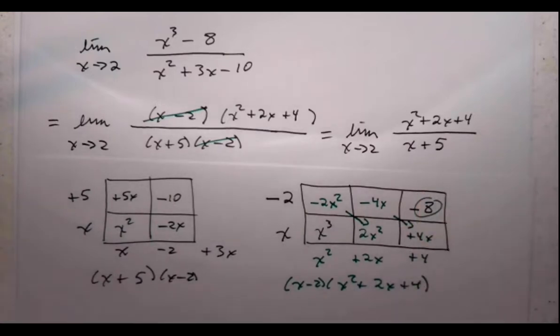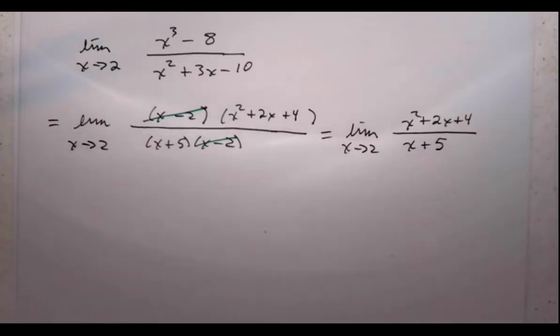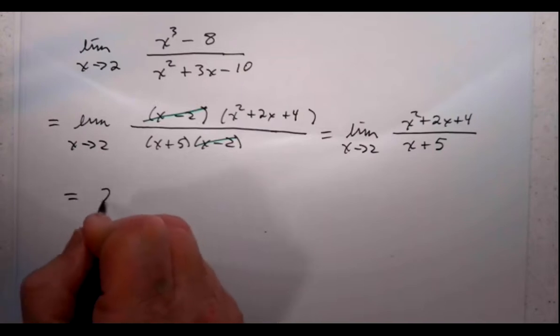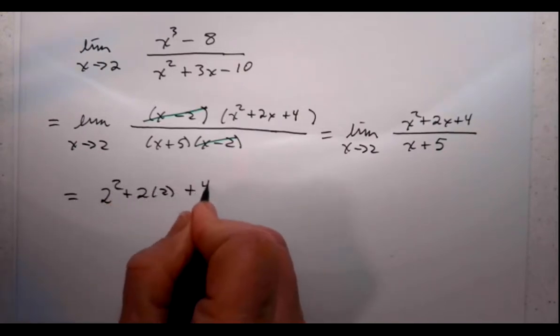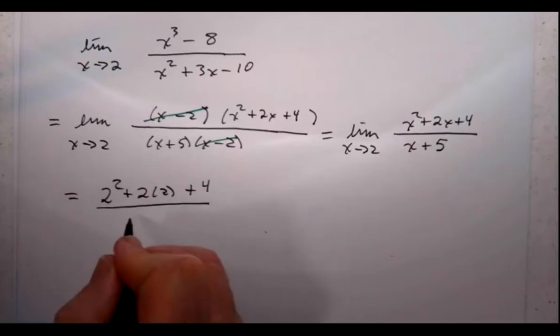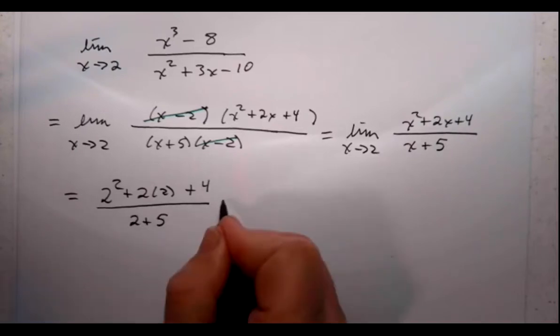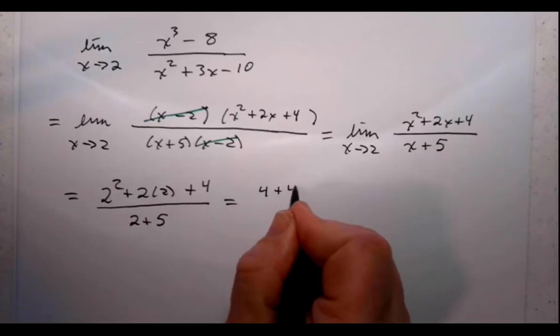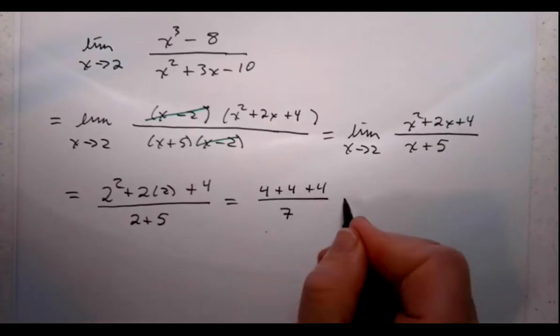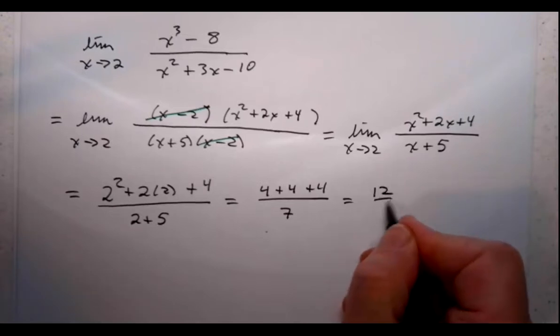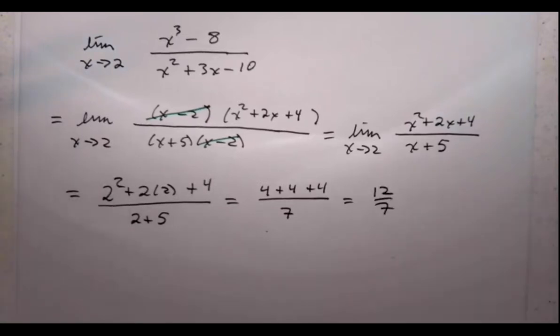So at this point we're going to plug in the values and see what we get. Plugging in the 2 upstairs, we get 2 squared plus 2 times 2 plus 4. Plugging in the 2 downstairs, we get 2 plus 5. And we get 4 plus 4 plus 4, 2 plus 5 is 7. 4 plus 4 plus 4 is 12 sevenths.